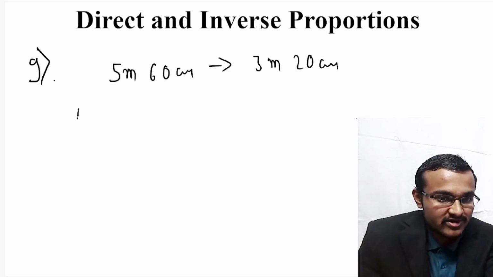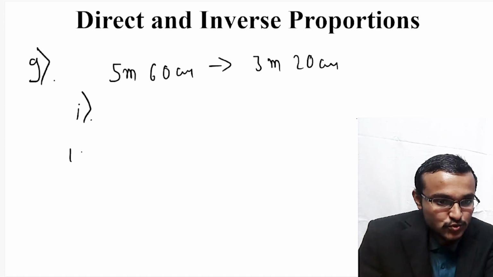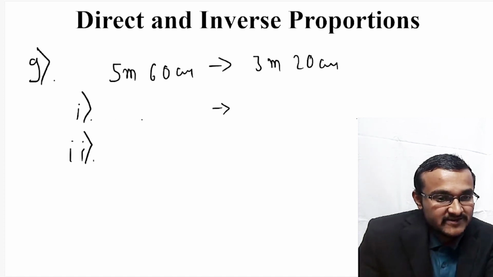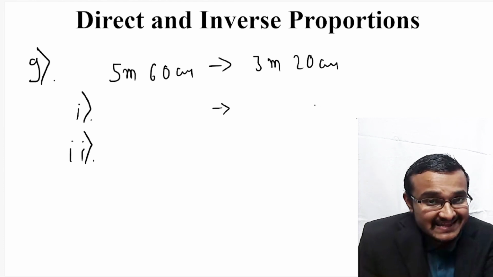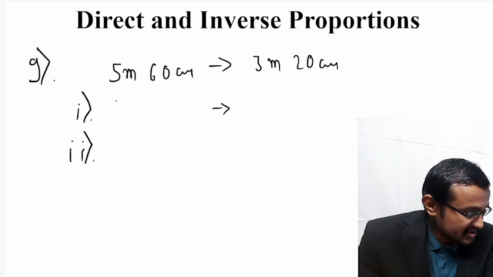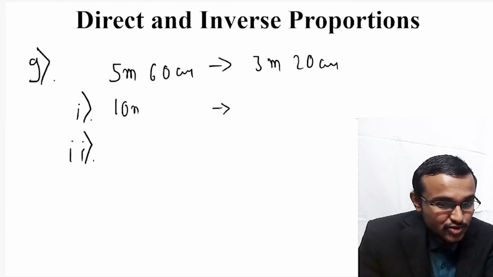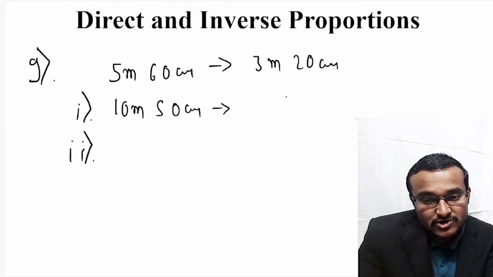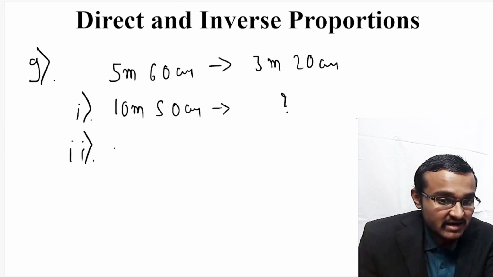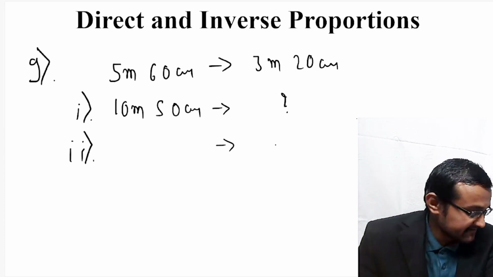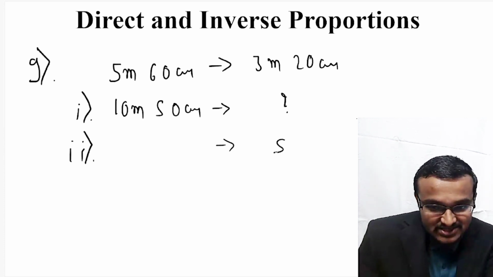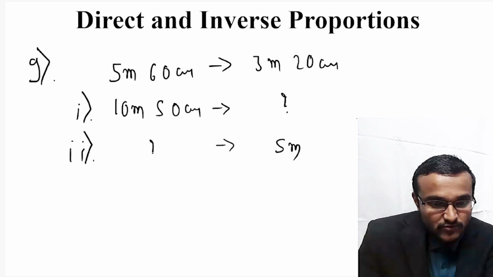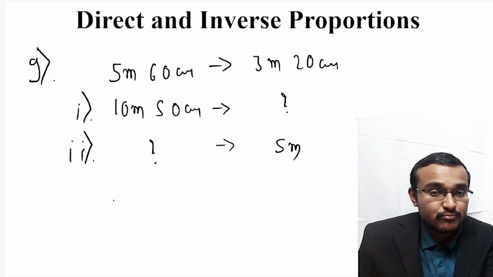Based on this data they have given two questions. In the first question you should find out the length of shadow when the length of the pole is 10 meter 50 centimeter. So here you should find out the value of shadow. Coming to the second question, they have given the value of shadow, that is 5 meter. Now you should find the length of this particular pole.